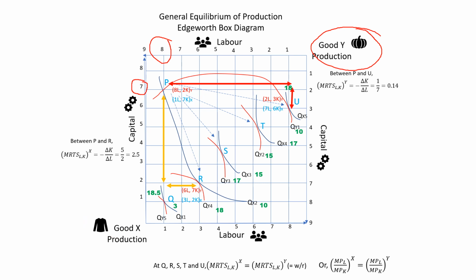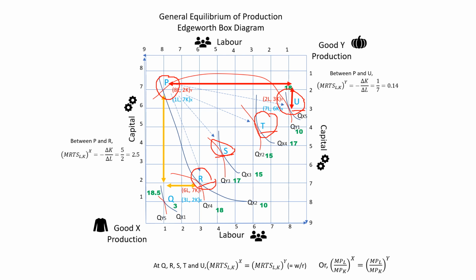Now, the points where we are assuming that the marginal rate of technical substitution of labor for capital for the two goods X and Y are equal are these alternative points, which is R, S, T, and U. So the possible equilibrium options that are available after moving from point P, wherein the marginal productivities are different, are any of these 4 points wherein we could have alternative possibilities of equilibrium.